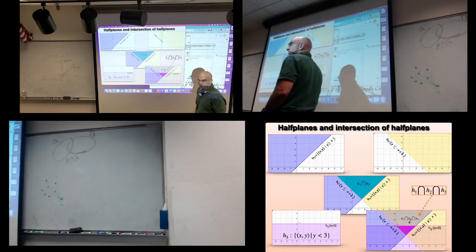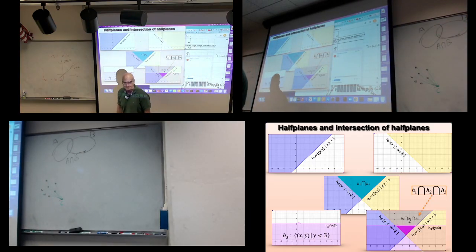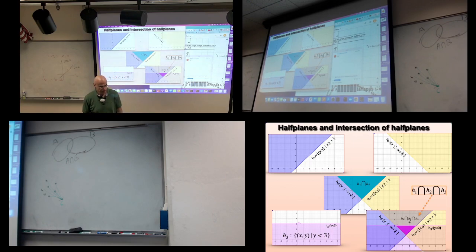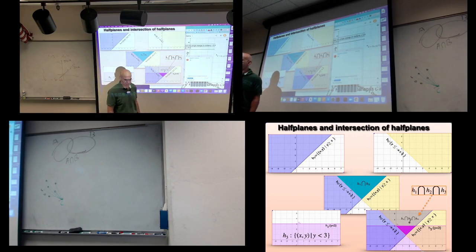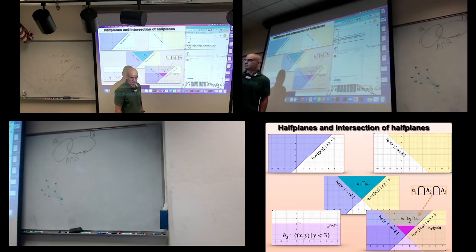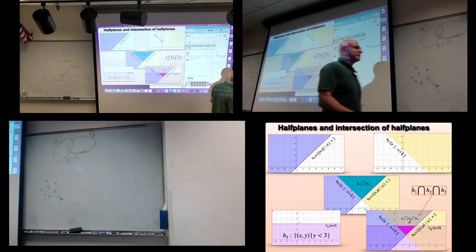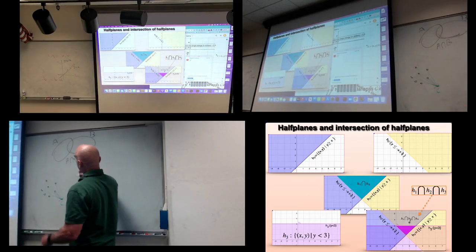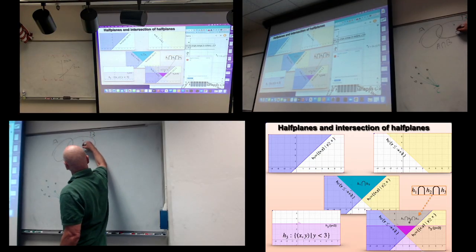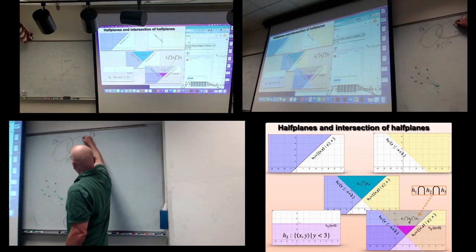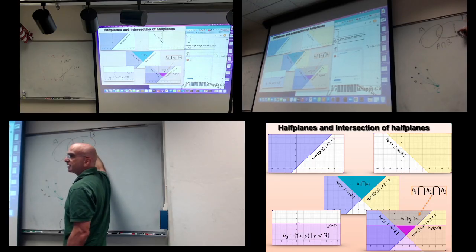Convex or not convex? Intersection of two convex sets. It is convex. And the proof? It's easy. What's the definition of convex? If I pick one point of B and another point of B, and I look at some arbitrary point on the segment connecting them, this point must be in B as well. That's the definition of convex.